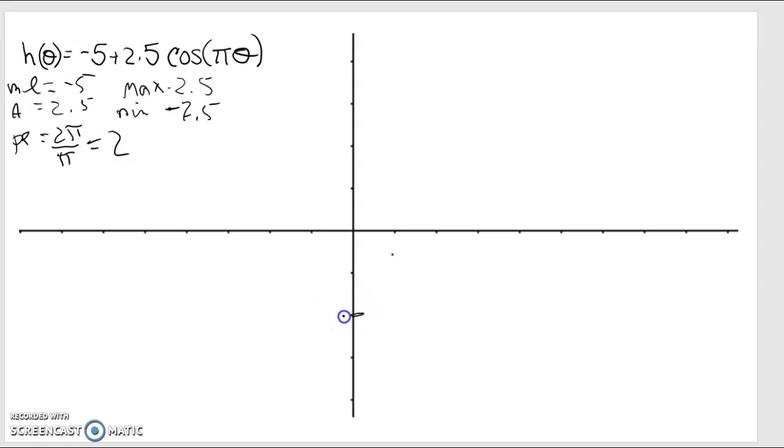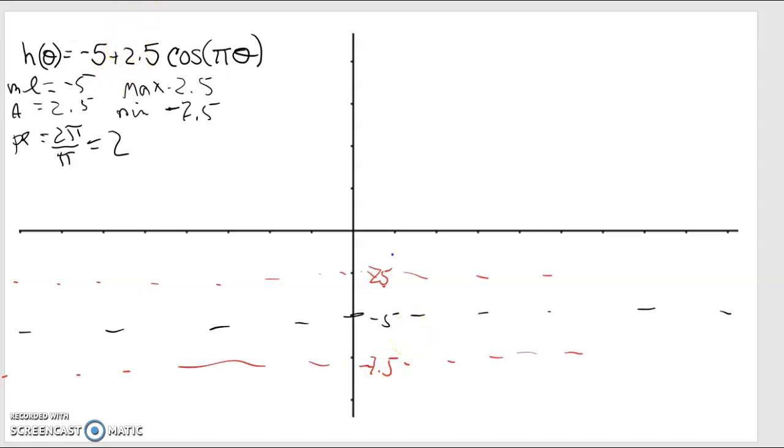Okay, let's start with our midline. I'm just going to make this negative 5. And our max value is going to be negative 2.5. Our min value is going to be negative 7.5.